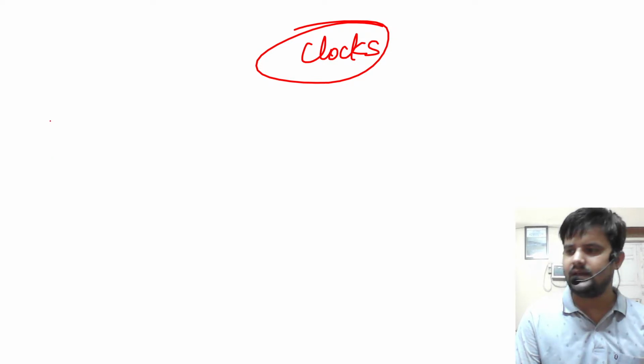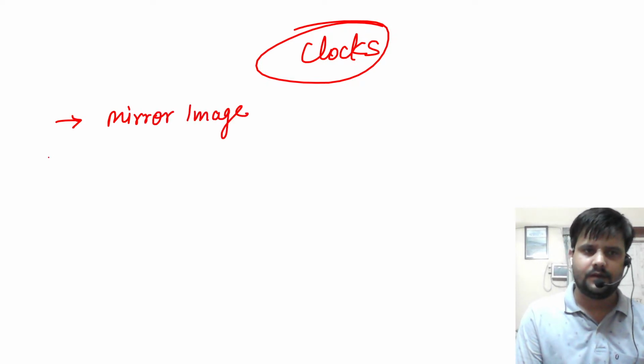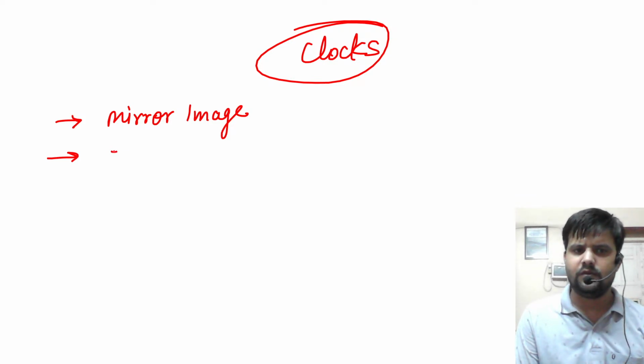So now I'm listing down here the subtopics in this. First is your mirror image based questions. Second is they will give you a specific time in a clock and will ask about the angle.